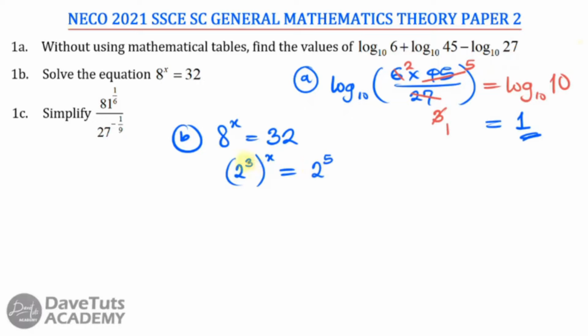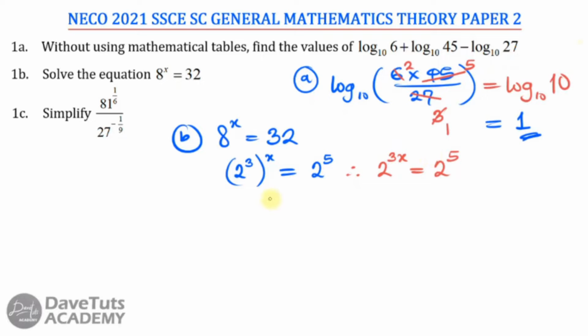And by reason of this that we have, we can open up this bracket to say, therefore, what we have is 2 raised to the power 3x is equal to 2 raised to the power 5. Now, if you have questions like this, and we're seeing that the bases are of the same value, this is 2 and this is 2, then that means that the powers must be equal.